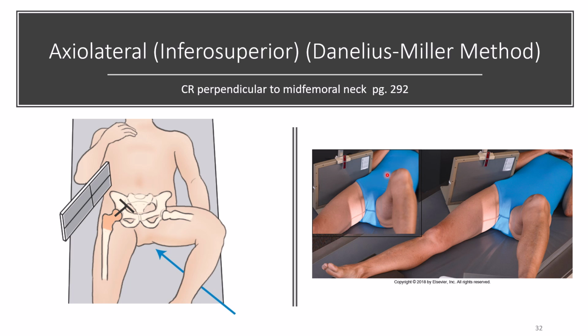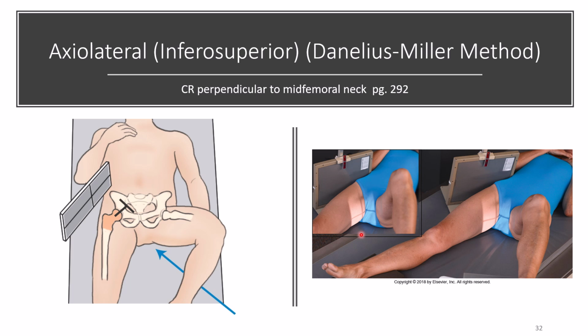You can see by this patient, realistically, you are shooting right into the crotch of the patient to get this lateral. So a lot of times, though you will not find this on the registry, this is referred to as the crotch shot. It's not very nice, but that is literally what it is called.